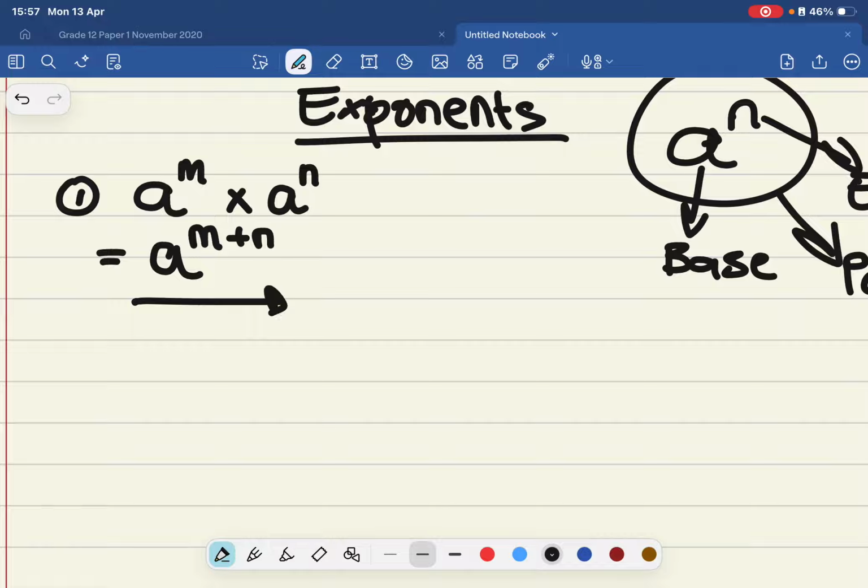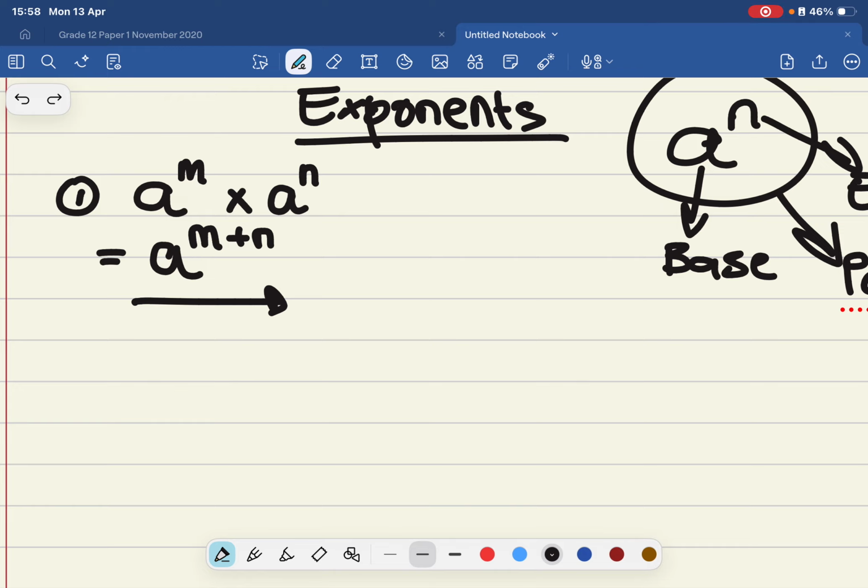So this law says when I'm multiplying powers with the same base, I will keep my base and I will add the exponents. I kept my base and then I added the exponents.